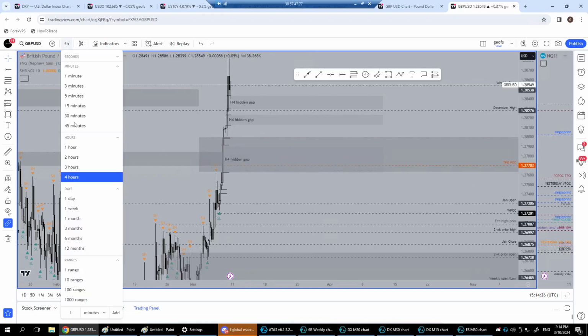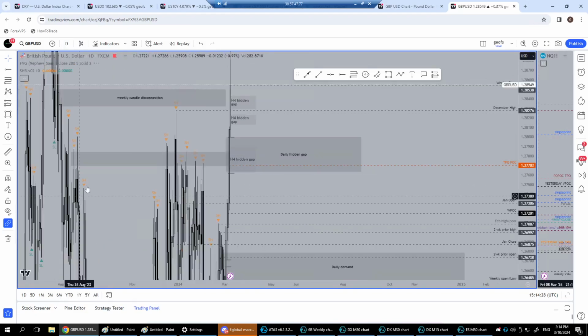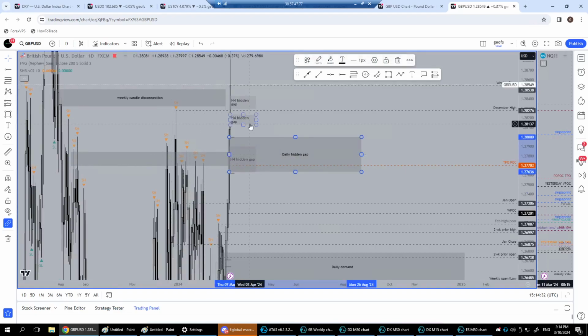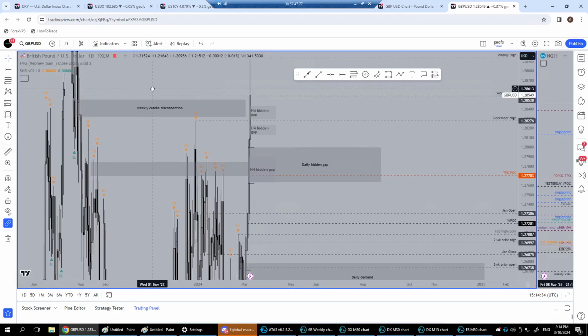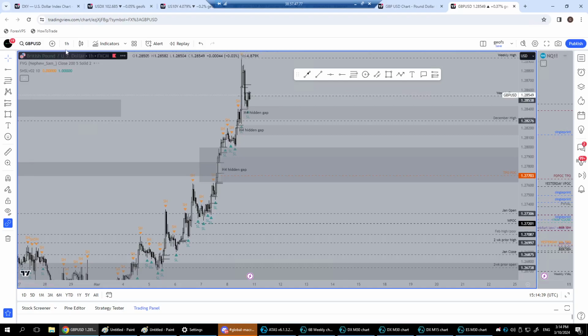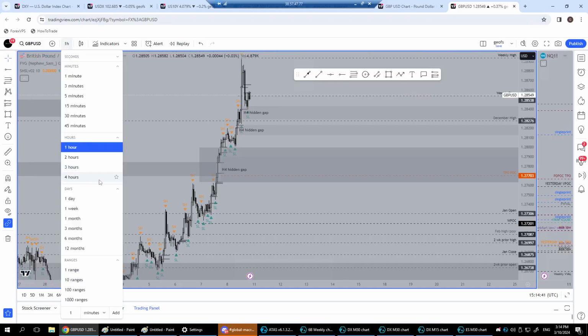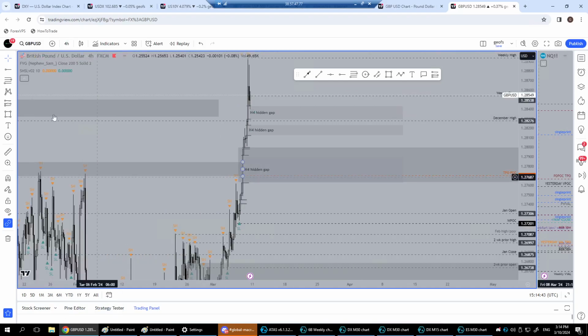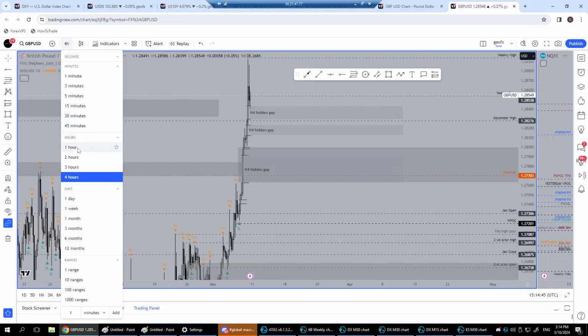Is that a daily hidden gap or something? Yeah, daily hidden gap. Okay. Gosh, it's a very bullish market, isn't it?